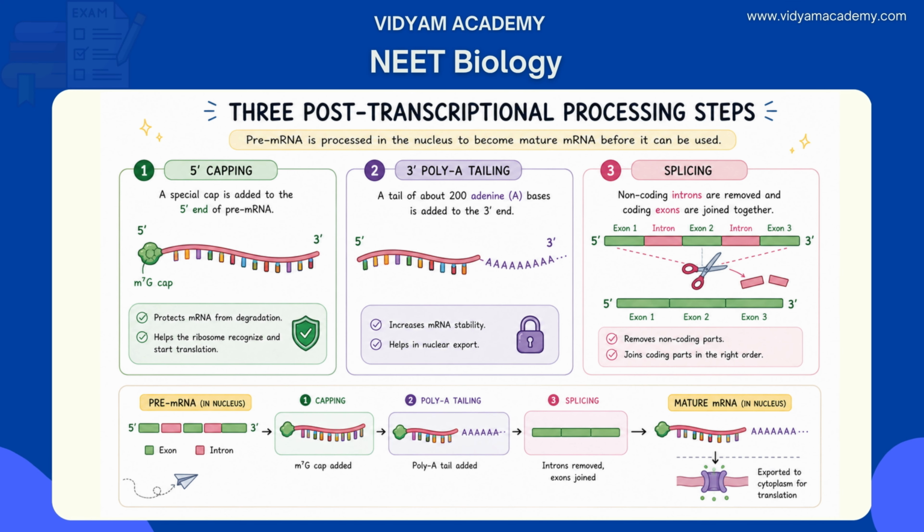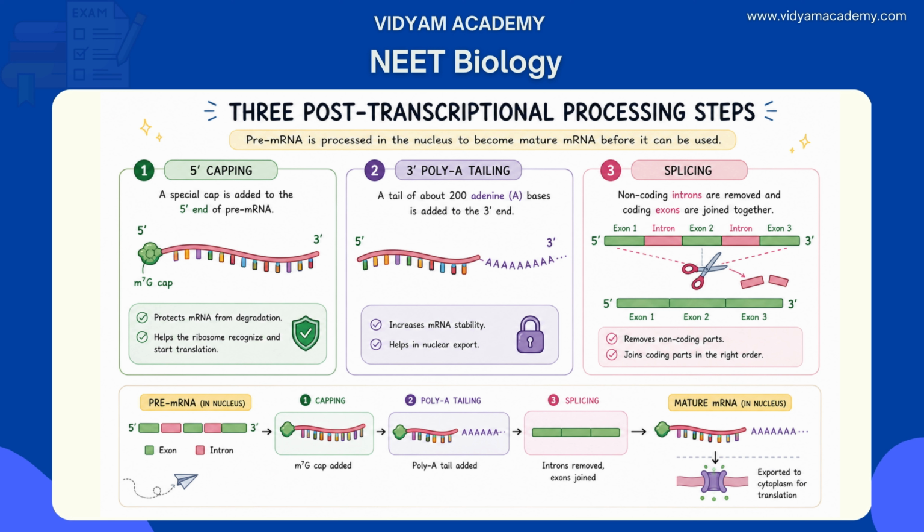It protects the mRNA from 5' exonuclease degradation and is essential for ribosome recognition during translation initiation. Second, 3' poly A tailing: approximately 200 adenine residues are added to the 3' end by poly A polymerase after cleavage at the polyadenylation signal.